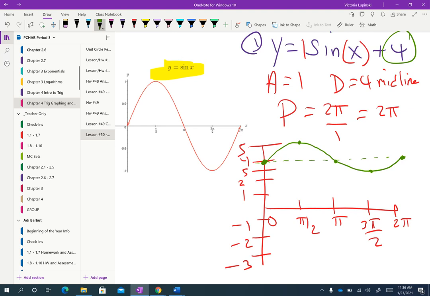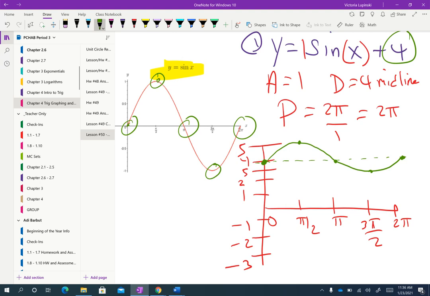You can start with the midline, and then you can apply the amplitude and any reflections. There's another way, and I'll show you that as well. Instead of starting with the midline and then going up and then going down, if you go to the original function, you're just taking each of the y values and adding 4 to it. So 0, 0 would move to 0, 4.